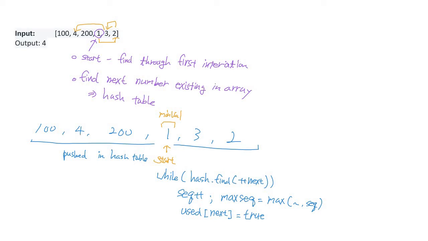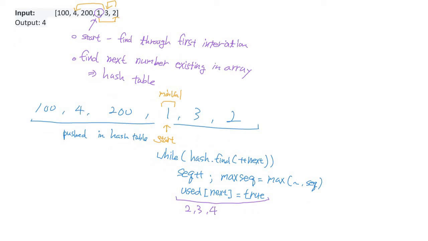What is the used flag? This is the key idea to solve this problem in O(n) time complexity. As you expected, in this while loop, starting from number 1, we could find numbers 2, 3, 4 as consecutive increasing numbers. Once consecutive numbers were found, we don't need to check these numbers in the next iteration, which means that we do this operation for all the remaining numbers, except for already found numbers.